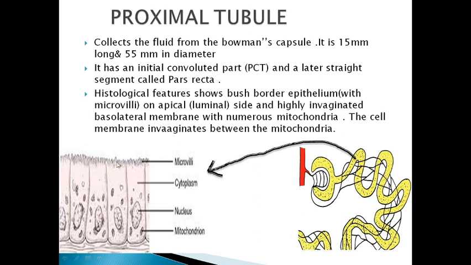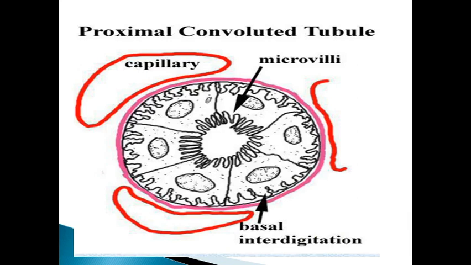Proximal tubule has got large number of microvilli, and it is a brush border epithelium on the luminal side, so as to absorb large amount of water and other salts which enters the lumen. So you can see here in this cross section, various invaginations are seen on the basolateral side, and the microvilli are present on the luminal side, so as to absorb large amount of substances from the lumen. This is the lumen.